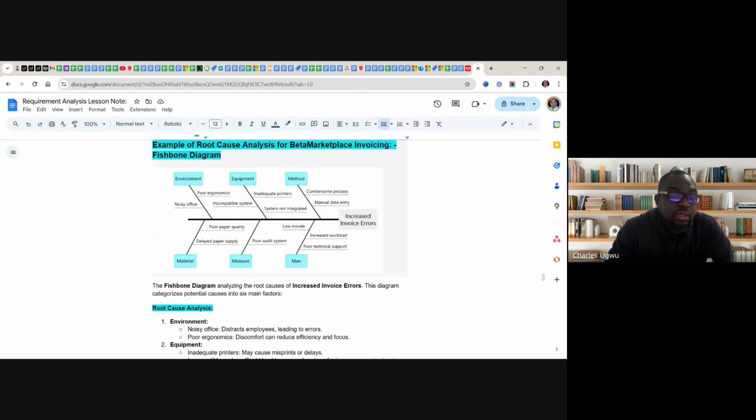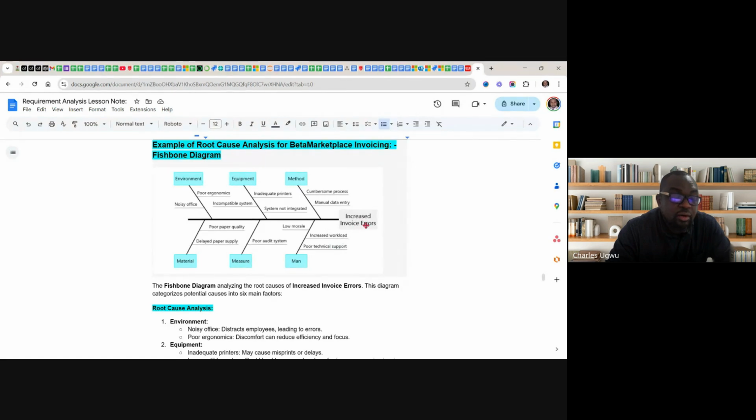All of us know what cumbersome means. Another is manual data entry. We input data manually, and it's cumbersome because if you have a lot of data to input to process the invoice, they start getting tired. Looking from another angle, the man angle, that's human resources: increased workload.